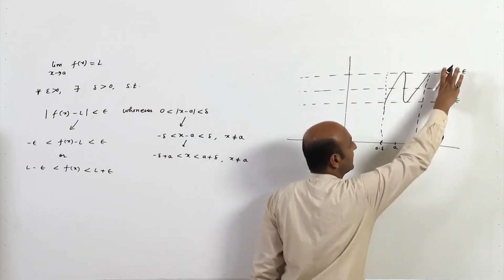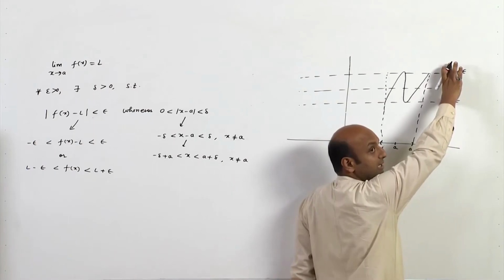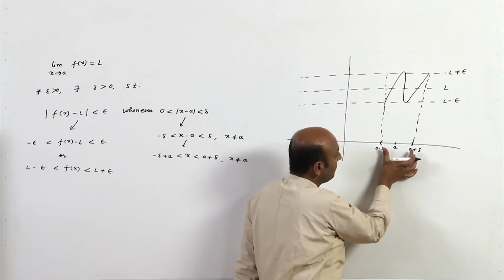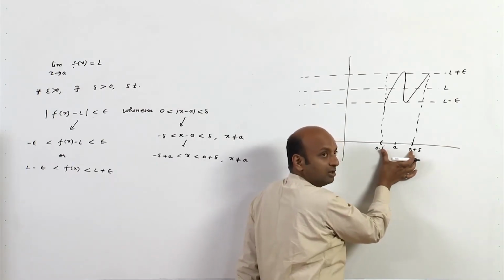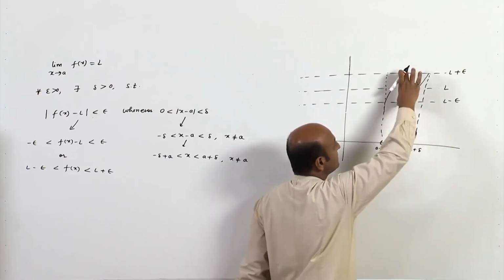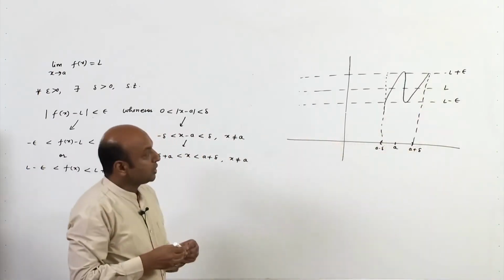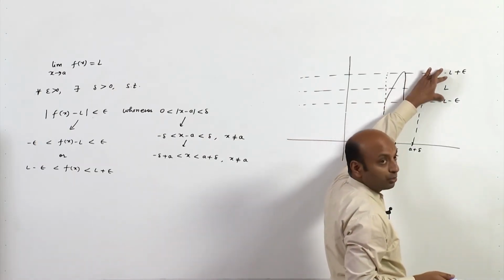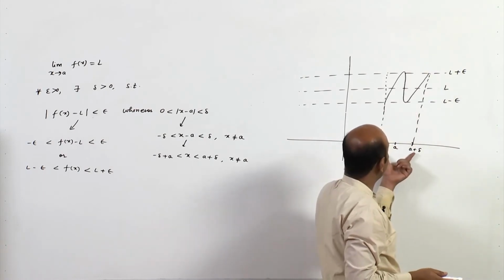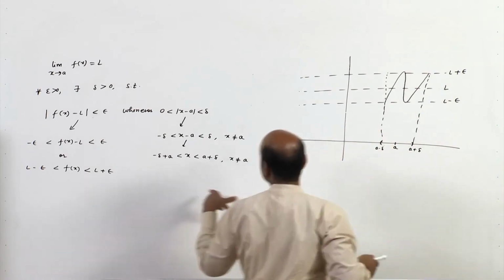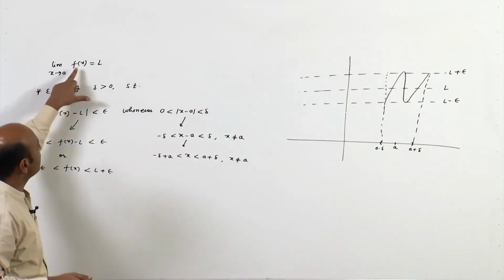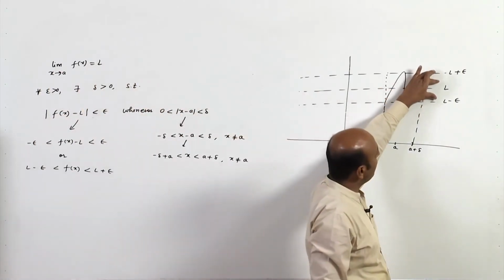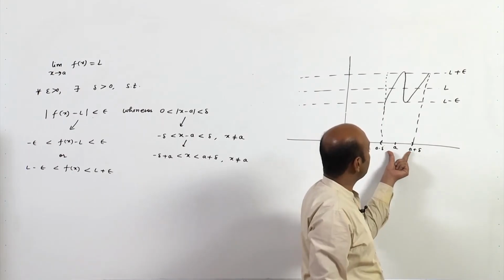Means you take any epsilon greater than 0, there will always exist a corresponding delta such that the image of all those x lying in this interval will always be contained in this band. Now, if you take epsilon very small, tending to 0, then this delta will tend to 0. That means as x approaches a, f x will approach L, because as epsilon tends to 0, this tends to L, and as delta tends to 0, this tends to a.